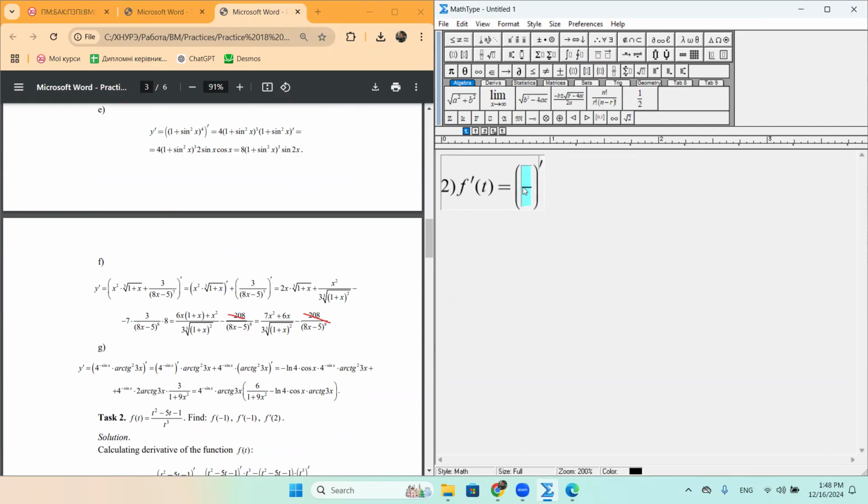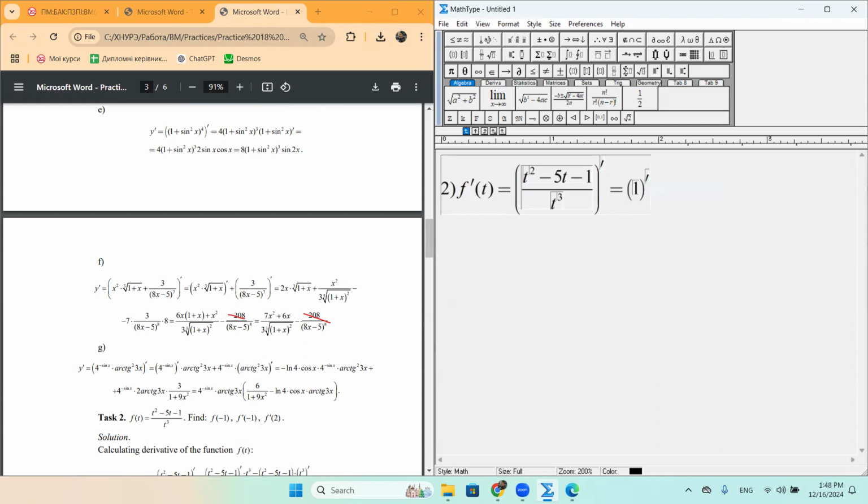So t in power of 2 minus 5t minus 1 divided by t in power of 3. Yeah, and so now we expand it just to compare results and how it will look like.